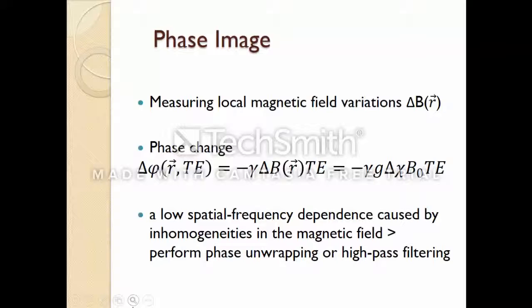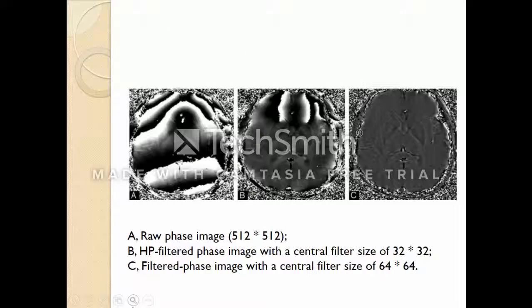This difficulty can be avoided when we either perform phase unwrapping or apply a high pass filter. The effect of the high pass filter can be observed in this image. In image A, the raw phase image is shown, and then we apply the high pass filter with different sizes, and we get a reasonable image, which is quite illustrative.